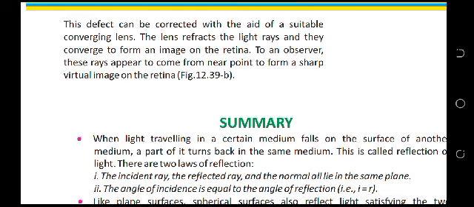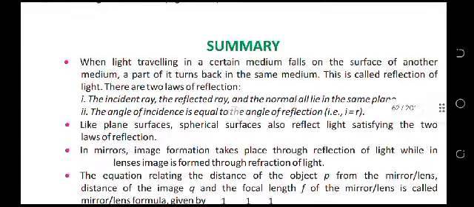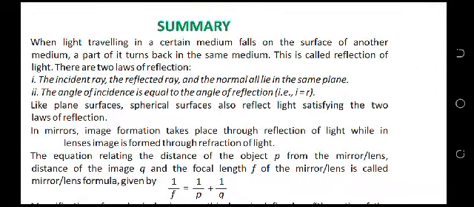Fig 12.39b. Summary: when light traveling in a certain medium falls on the surface of another medium, a part of it turns back in the same medium. This is called reflection of light. There are two laws of reflection.